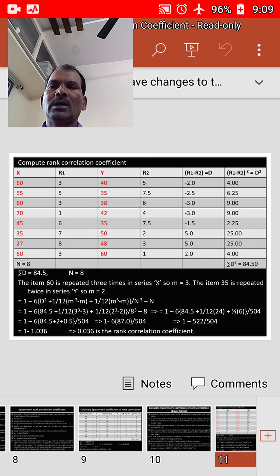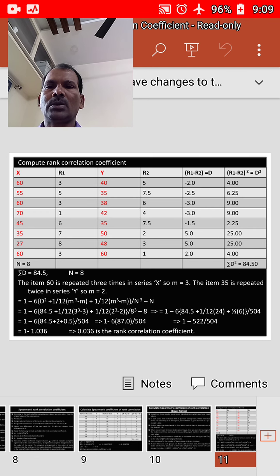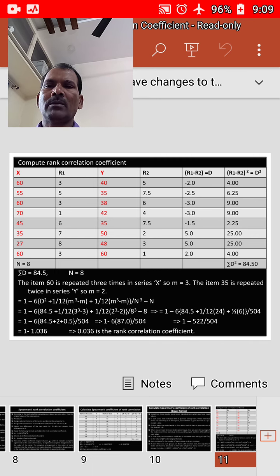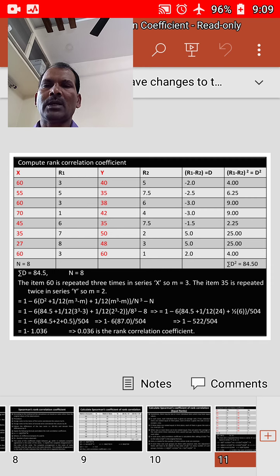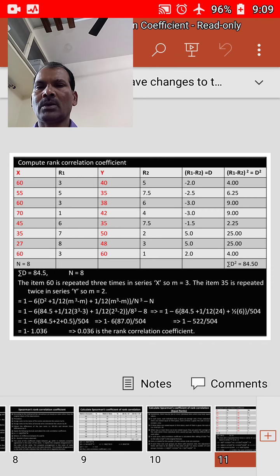That is 1 minus 6 into 84.5 plus 1 by 12 into 27 minus 3, that is 24, plus 1 by 12 into 8 minus 2, that is 6, by 504. How do we get 504? 8 whole cube minus 8, that is 512 minus 8, nothing but 504.